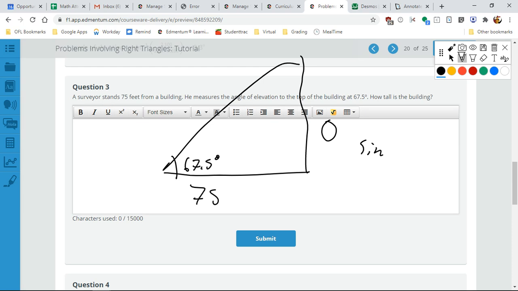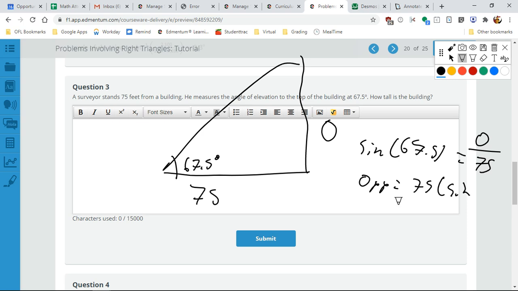So we're going to do sine of 67.5 equals our opposite divided by 75. So when we put this in, our opposite equals 75 times sine 67.5.